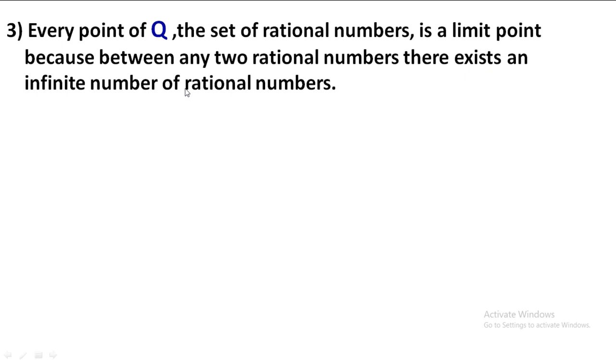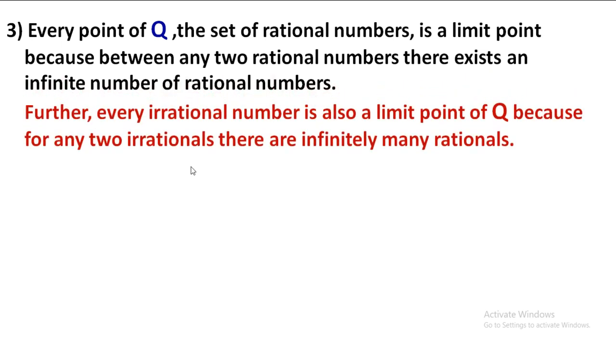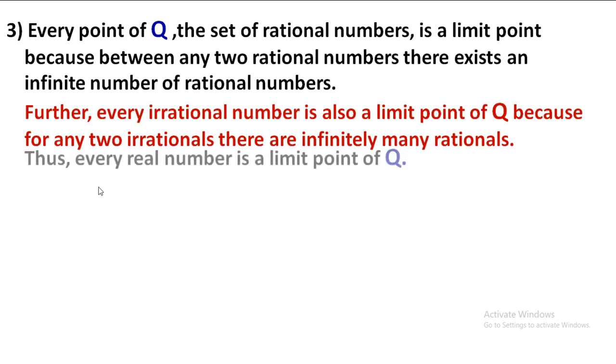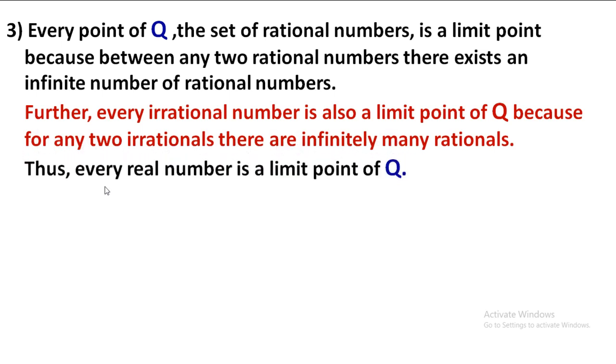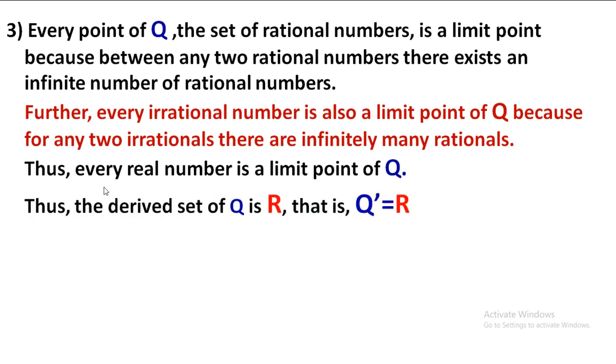Further, we can notice that every irrational number is also a limit point of Q, because for any two irrationals there are infinitely many rationals. Thus every real number is a limit point of Q. Therefore the derived set of Q is nothing but R. That is, Q dash is equal to R.